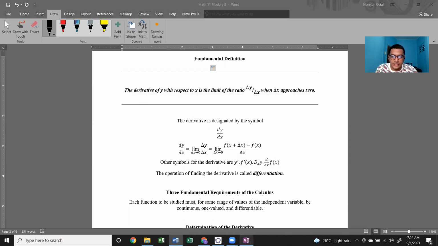Let's say we have a function, y is equal to f of x. Now, suppose that we increase the value of our independent variable x by a small increment, delta x.